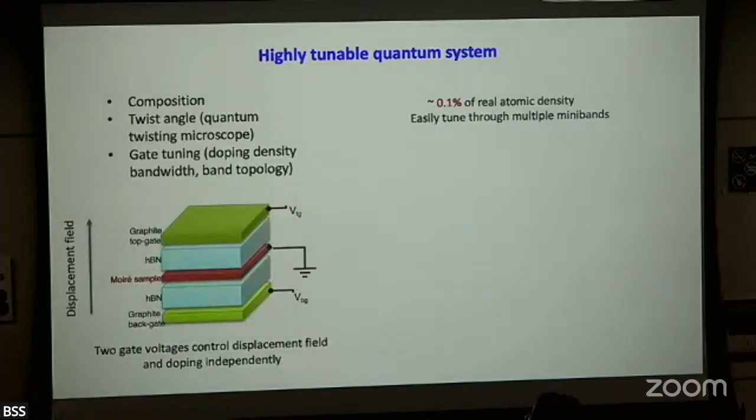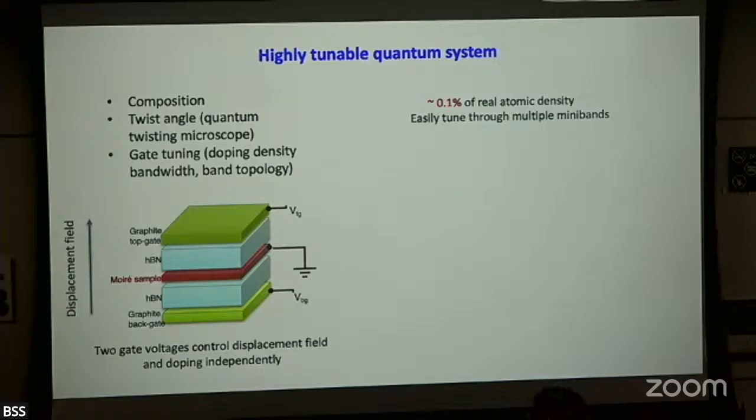And then, of course, a very attractive feature of this material is that it's highly tunable and controllable. You can make a Moiré with pretty much arbitrary composition because of the van der Waals interaction, right? So you don't need to worry too much about putting different materials together. The twist angle can also be controlled.